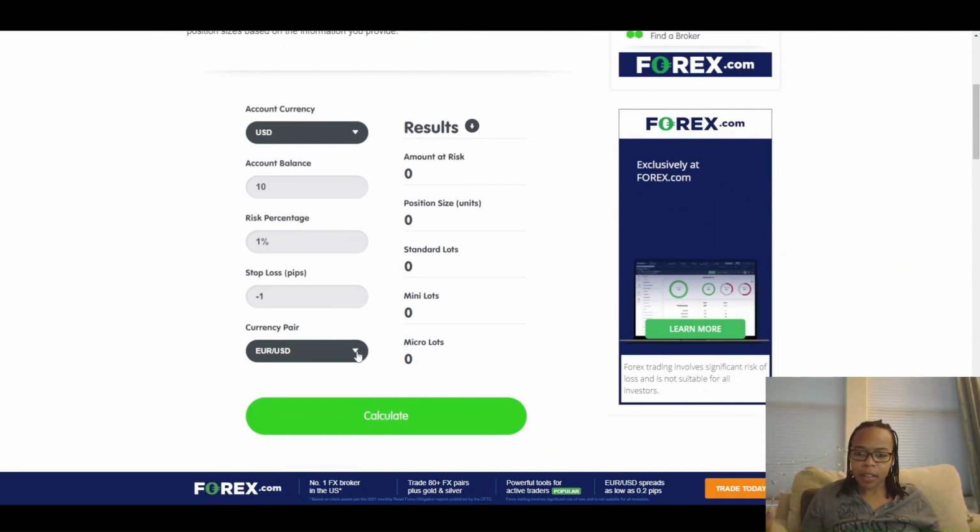They've got all the pairs. You can specify your account balance, how much you want to risk, and so on. Then you calculate it, and it tells you what standard lot size you should use and what the minimum lots is, et cetera, right? But I haven't been able to find something really good for crypto.